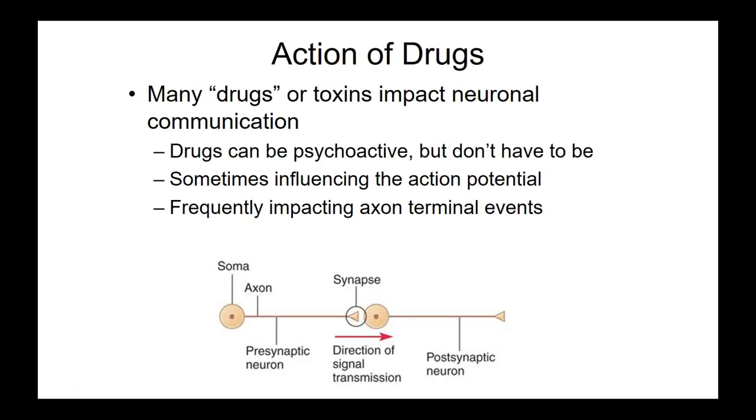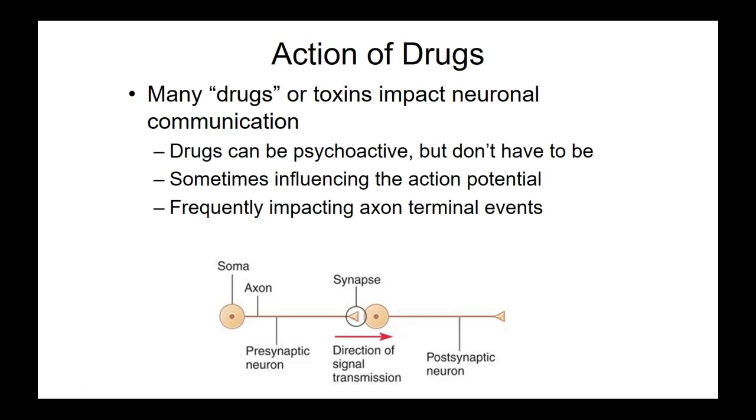All right, so many drugs, toxins, and poisons can impact neuronal communication. They can be psychoactive, but don't have to be. A lot of times they're influencing action potentials, or whether an action potential fires. That means we're either making it easier or more difficult to fire an action potential.